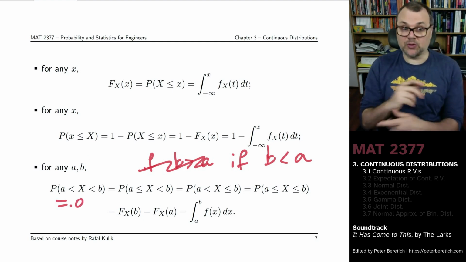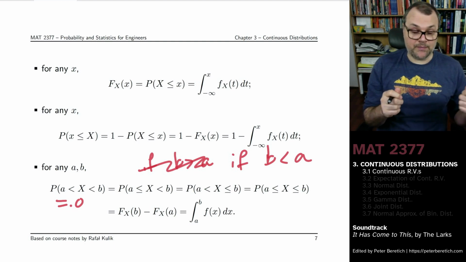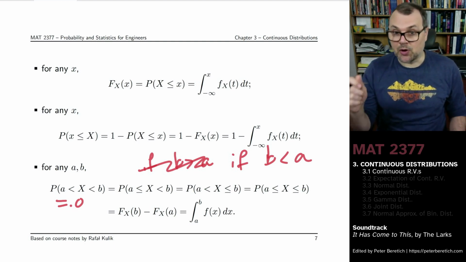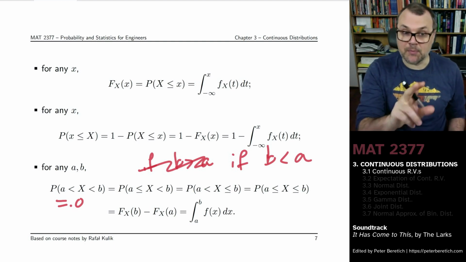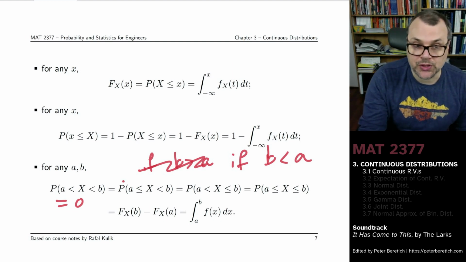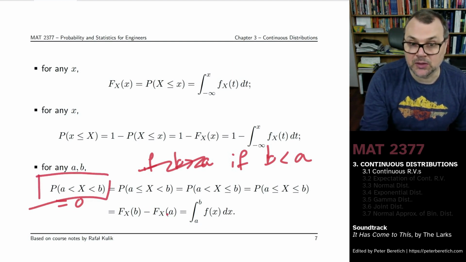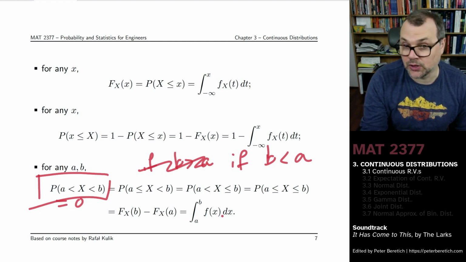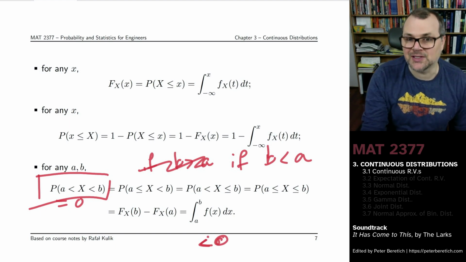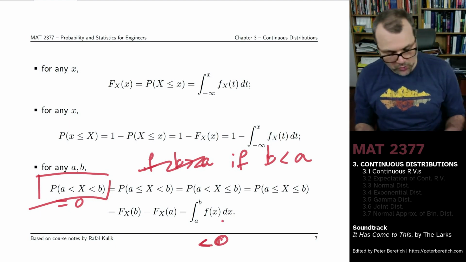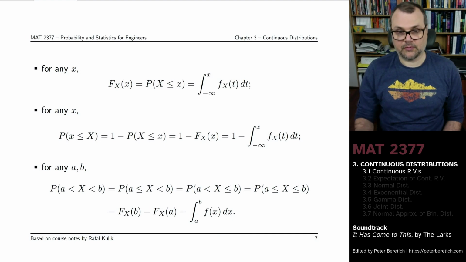Because it's impossible for x to be greater than a and smaller than b if b is smaller than a. But if you use the integration formula, you'll still be able to compute an integral here. It will be negative, right? So whenever you do get a negative integral, you're really thinking that this means that the probability is 0, because this is an impossibility when you're talking about integrals.